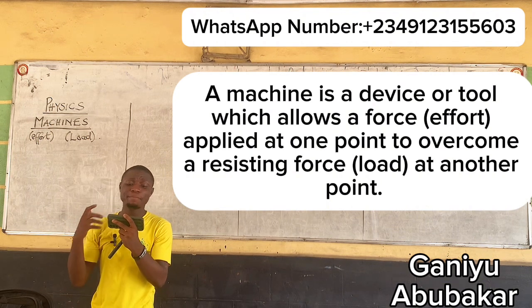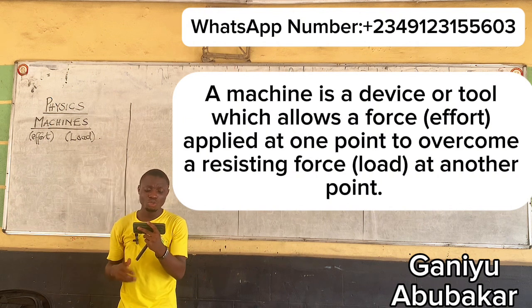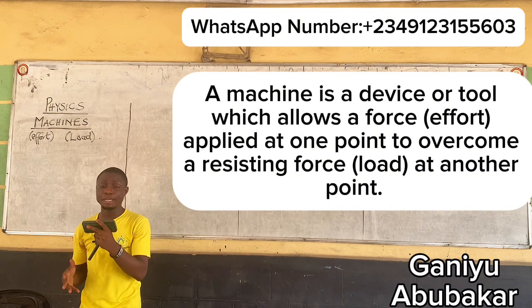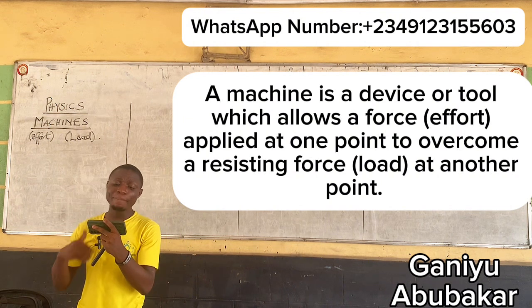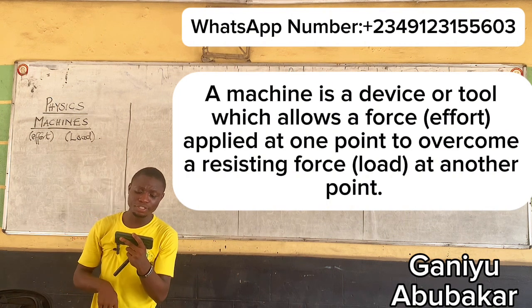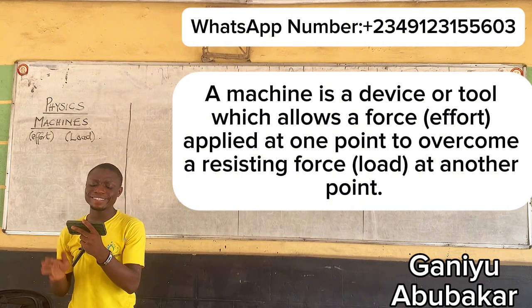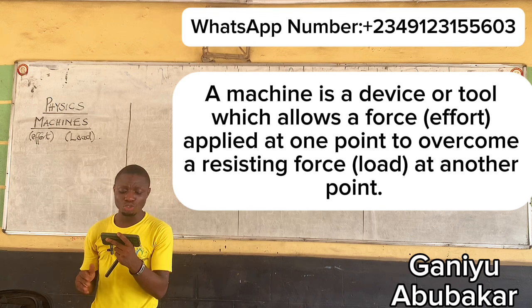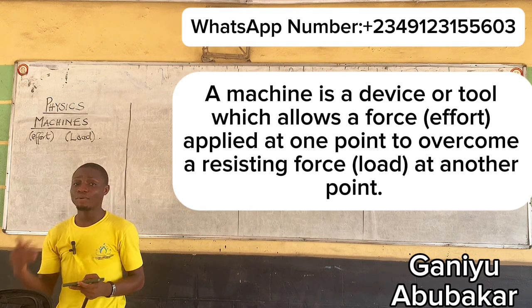So I'm saying that a machine is a device or tool which allows a force (in bracket, effort) applied at one point to overcome a resisting force (in bracket, load) at another point.